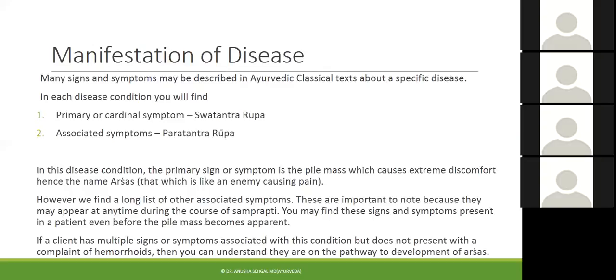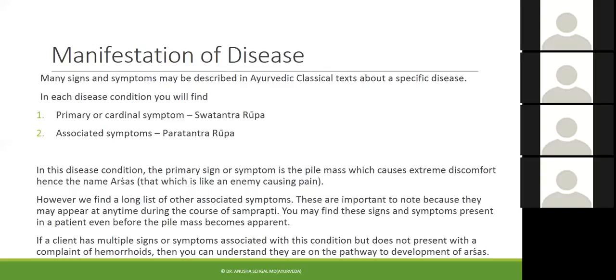Sometimes these signs and symptoms can start exhibiting in the patient even before the appearance of the pile mass. So, for instance, we're going to be looking at the list of signs and symptoms for Vātaja Arśas.